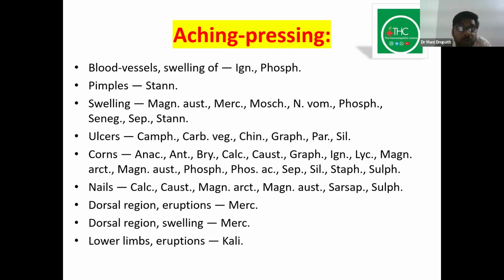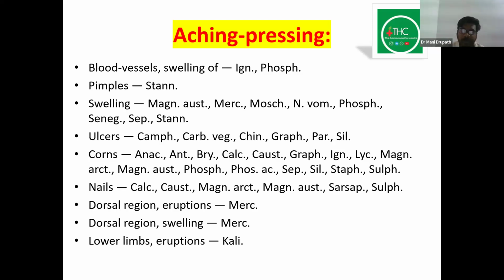Next, aching and pressing pains. Especially in aching and pressing pains, blood vessels with a lot of swelling, you can think of Ignatia and Phosphorus, with a lot of pimples, especially swelling and aching regions here. And Moschus, Nux vomica, Phosphorus, Camphora, Carbo vegetabilis.